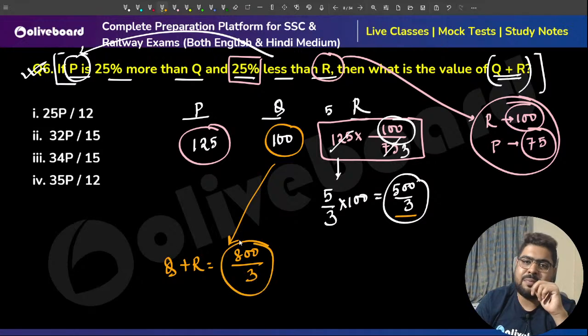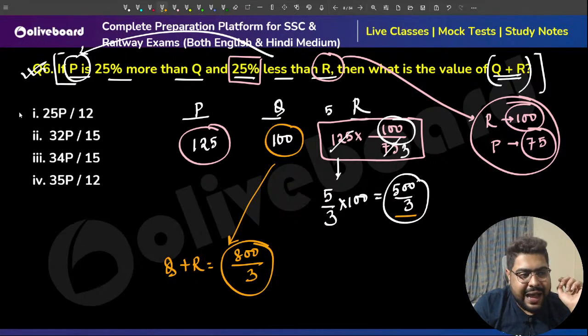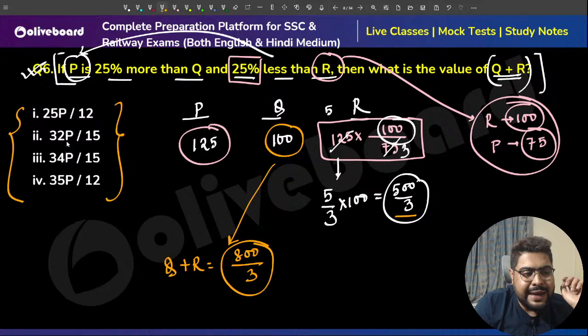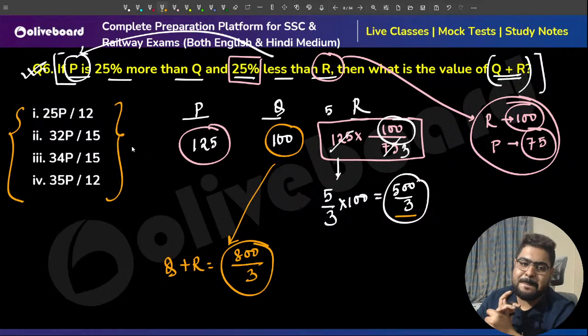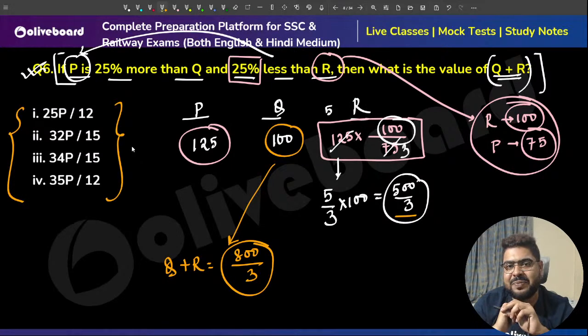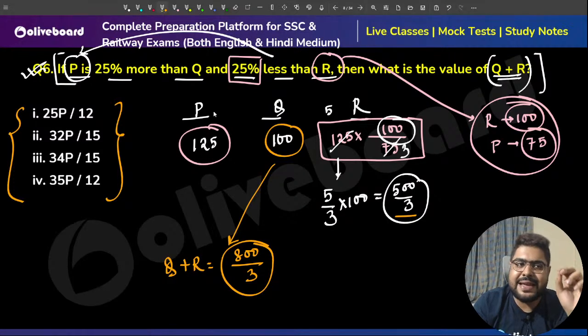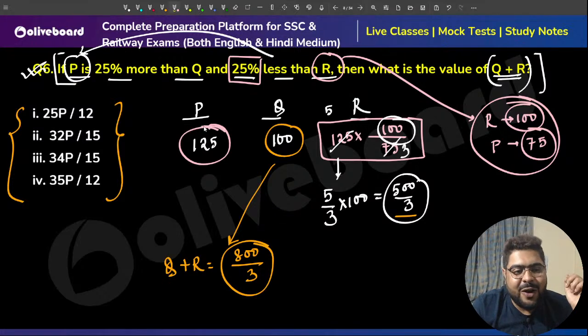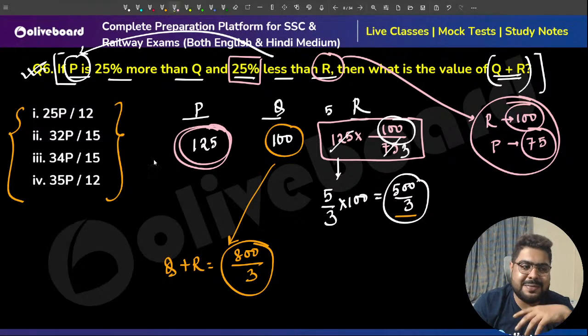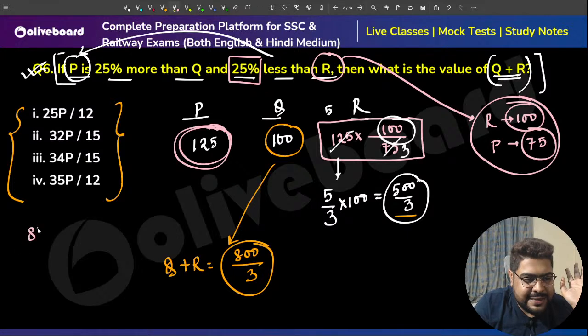800 by 3. Now please understand. I need to figure out in terms of P only. Please understand this. So that means they are asking 800 by 3 is what of 125. Sir, what is the factor they are asking? So that means Q plus R, that is 800 by 3.